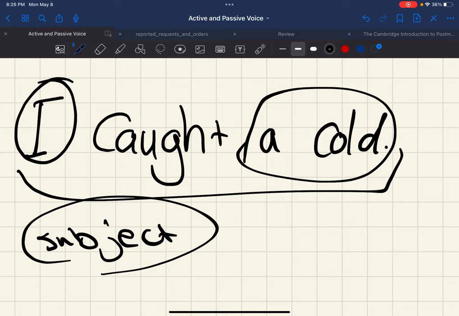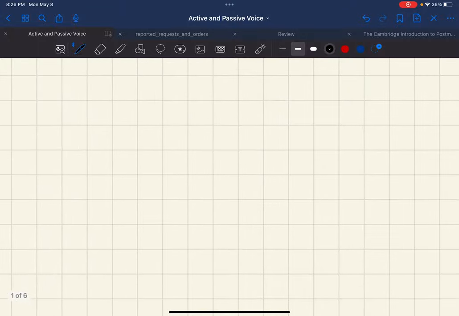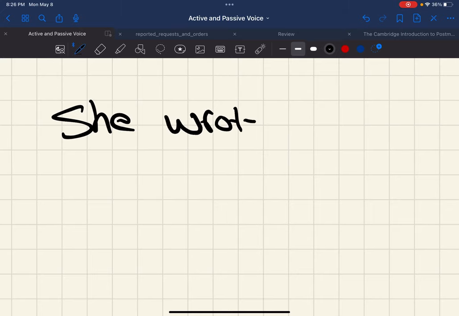I will tell you how you can find the object of a sentence. Whenever you're given a sentence, for example, she wrote notes.